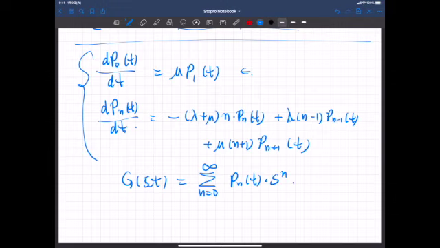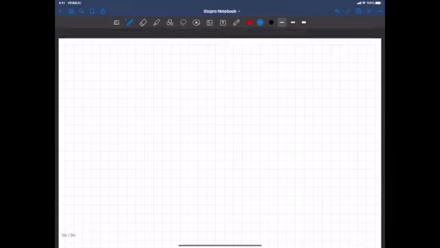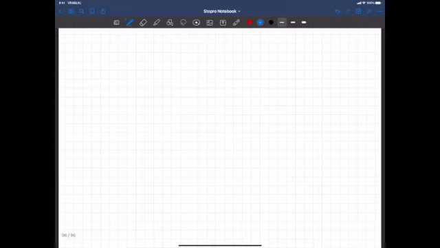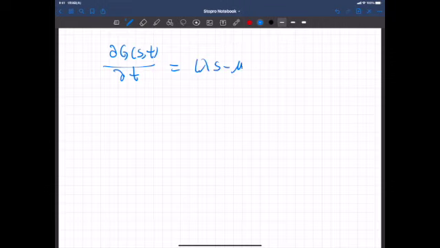This is the probability generating function. And by the usual procedure, we convert this differential difference equation into the partial differential equation of this PGF, which is found to be this. I think you can easily derive this. So this is the partial differential equation we're going to solve now.